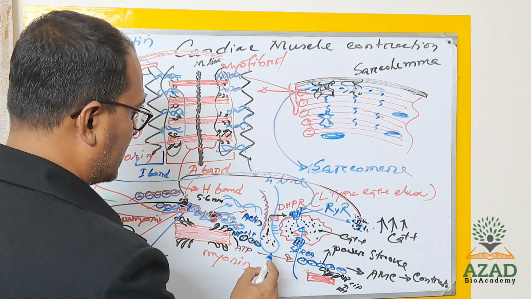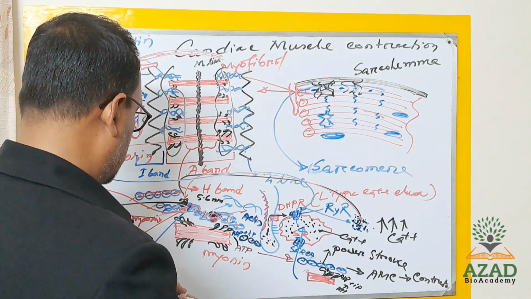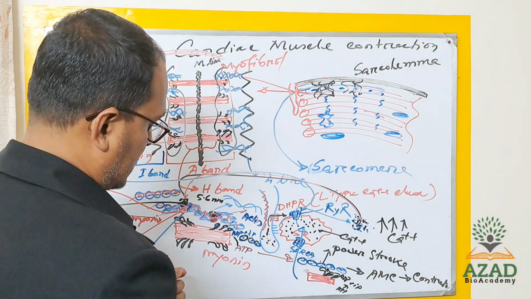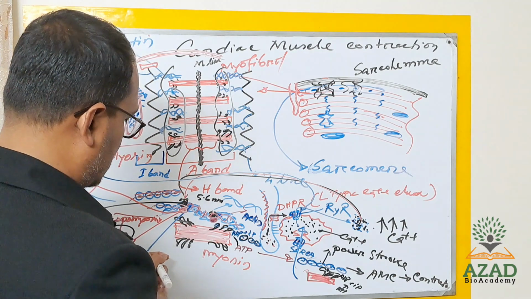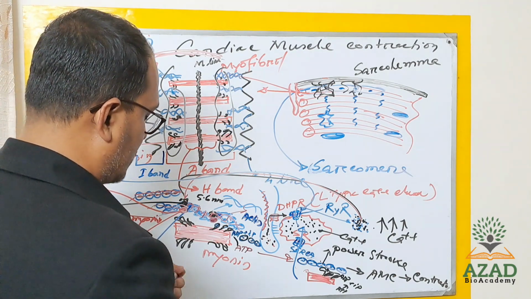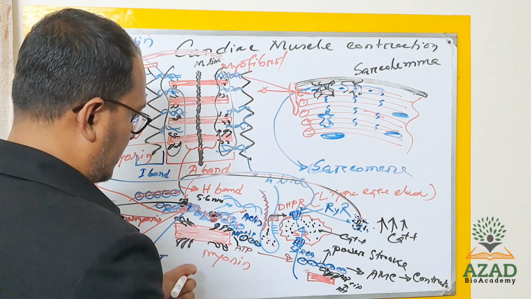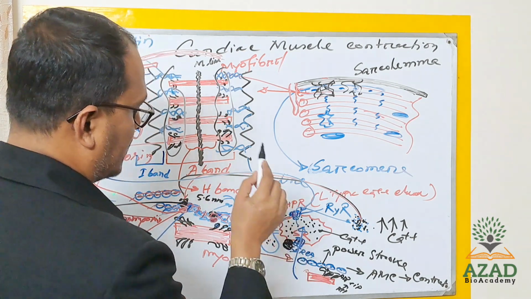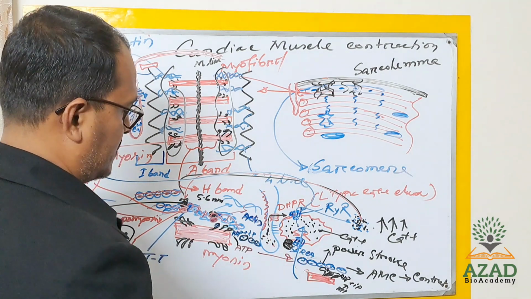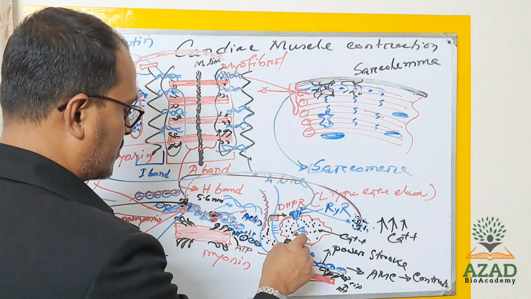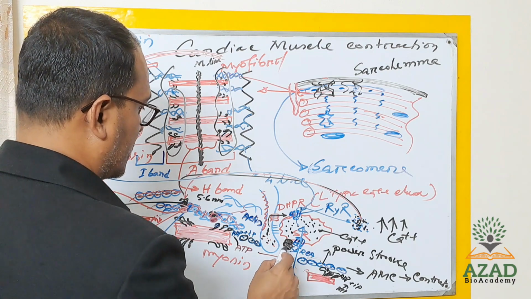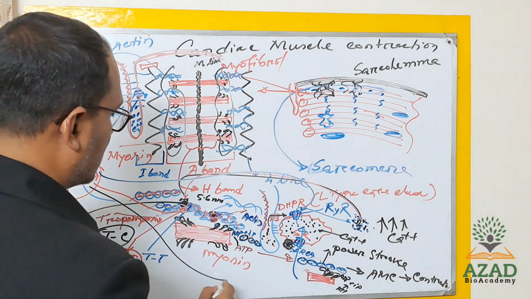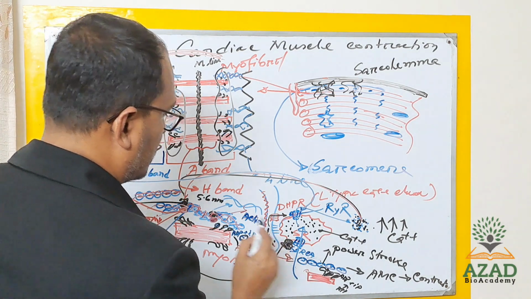And here one inhibitory protein is there, and that inhibitory protein name is phospholamban. That will inhibit the SERCA protein transporter, that is the channel, and PKA will phosphorylate the phospholamban.